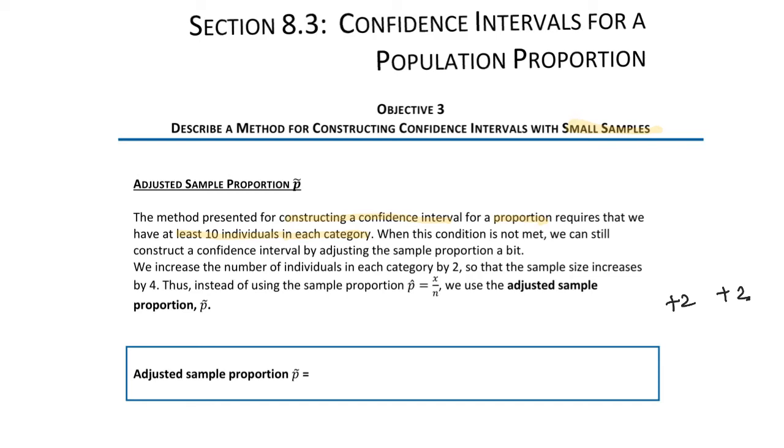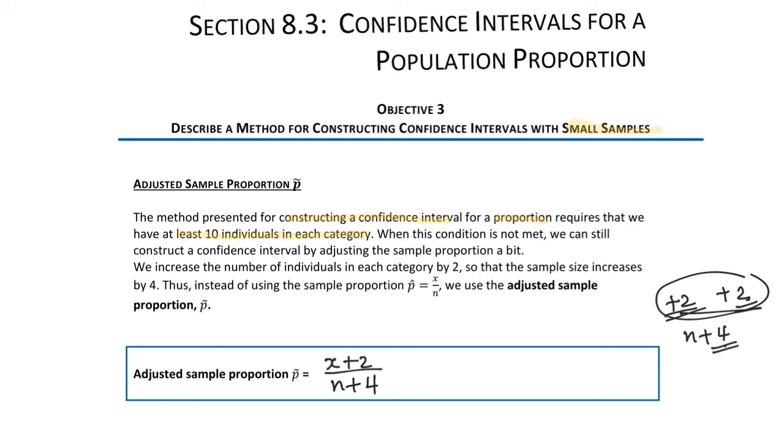So the sample size increases by 4, because in total we are adding 2 in each category. So the new adjusted sample proportion will be, instead of x over n, x plus 2 divided by n plus 4.